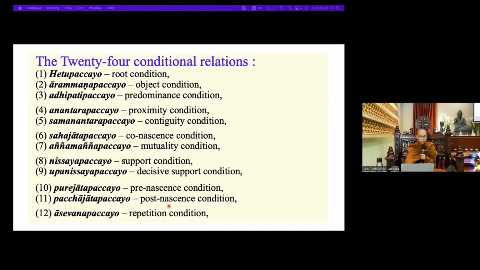And Asivana, repetition. At the moment of Asivana, we can find it only in the Javana moment because Javana arises repeatedly. So this is called the repetition condition. Then Kamma Pachaya and Vipaka Pachaya. Kamma is not translated as Kamma only. So result, Vipaka, result produced by Kamma.